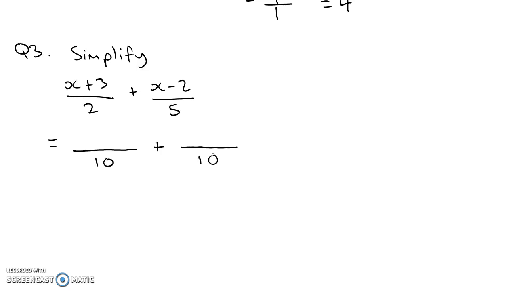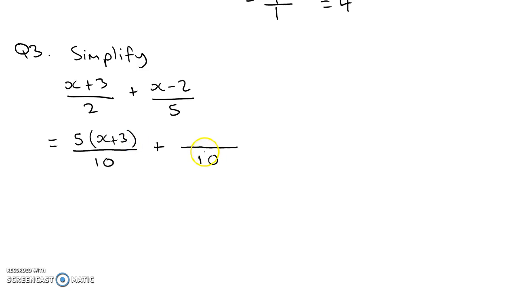Now to keep the fractions equivalent, we need to think, what have I done to this 2 to get it to 10? Well, I've multiplied it by 5. So to keep this first fraction equivalent, that means we need to multiply the numerator by 5 as well. So we can put a 5 outside of x plus 3.